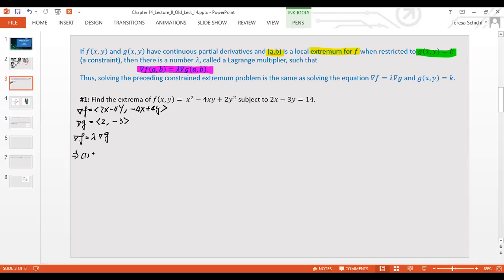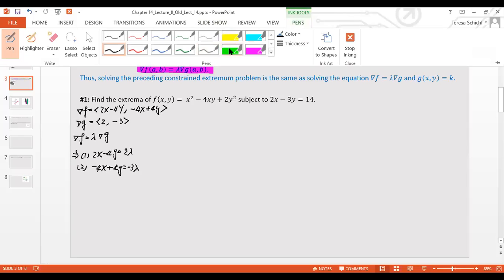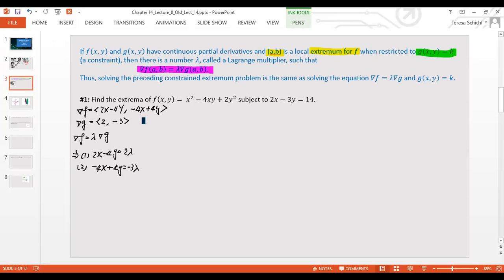The first equation is 2x minus 4y equal to 2 lambda. The second is negative 4x plus 4y equal to negative 3 lambda. We have three variables, x, y, and lambda, so we need three equations to solve it.